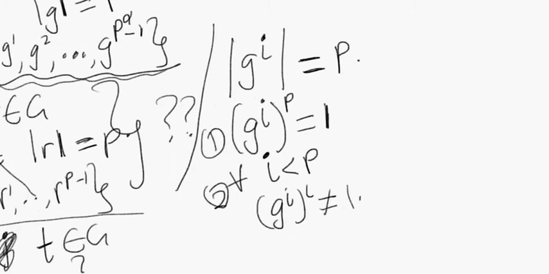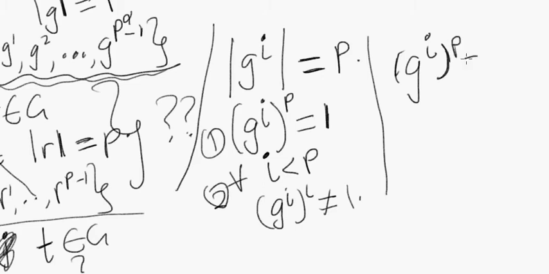Let's suppose that g sub i to the p equals the identity. Is that the same as saying that g sub i p equals the identity?